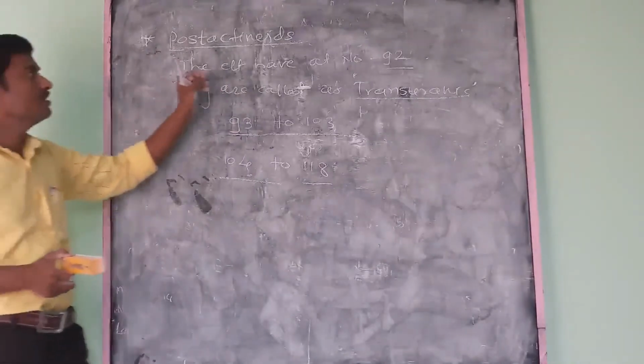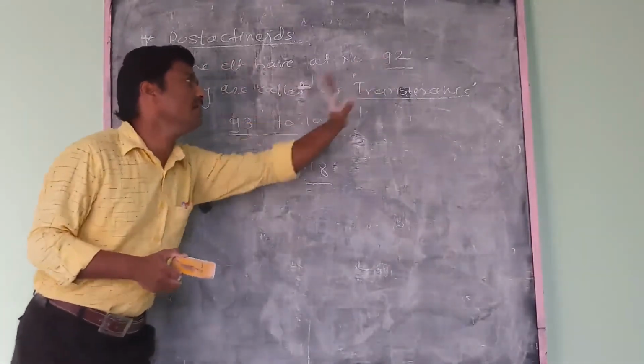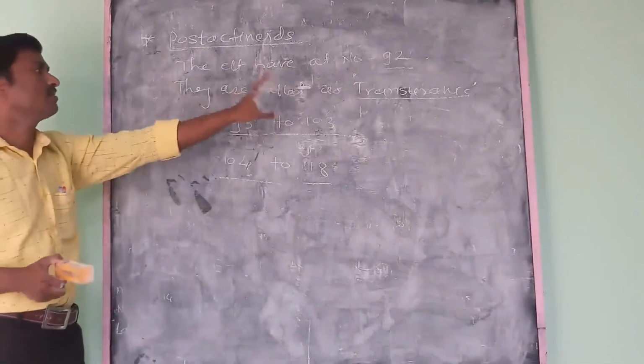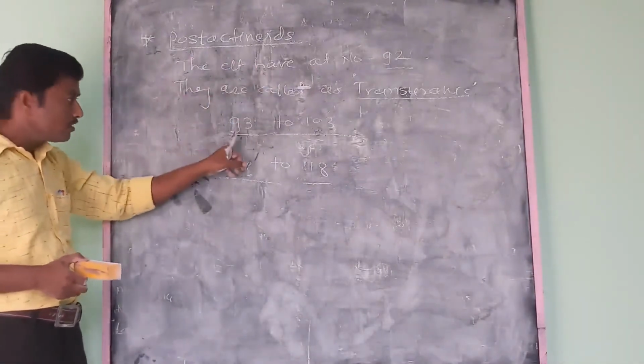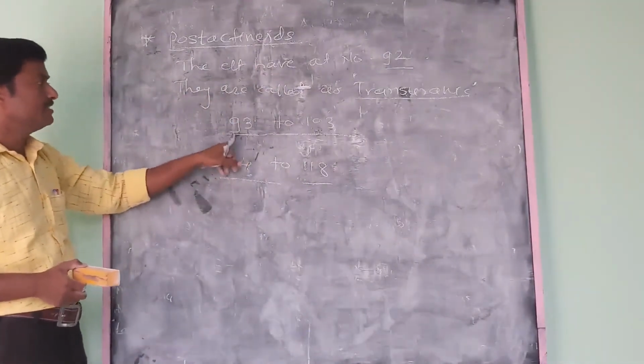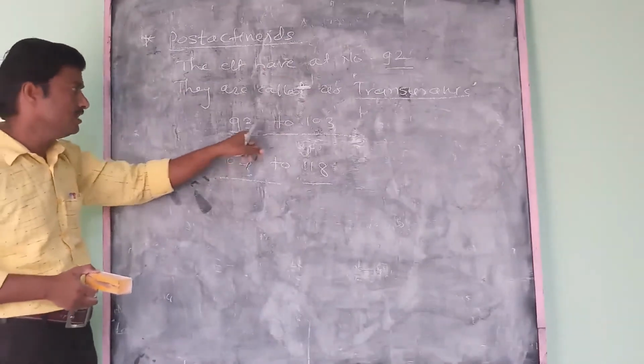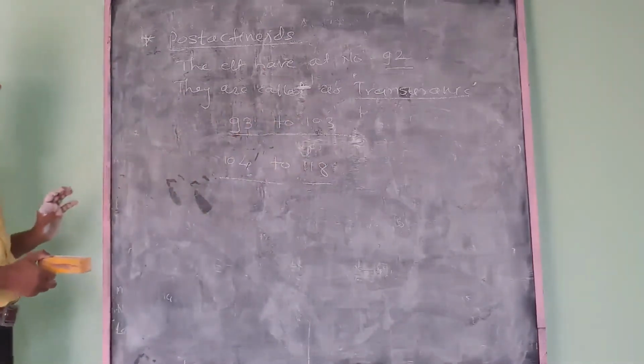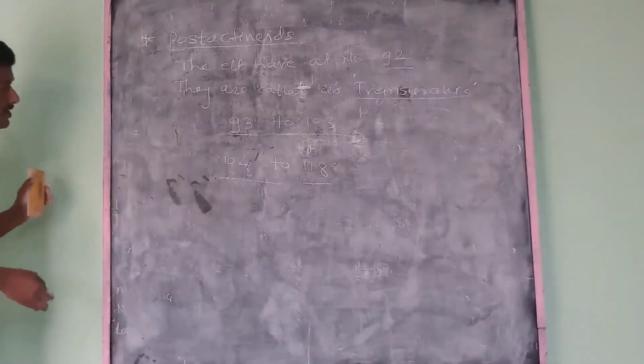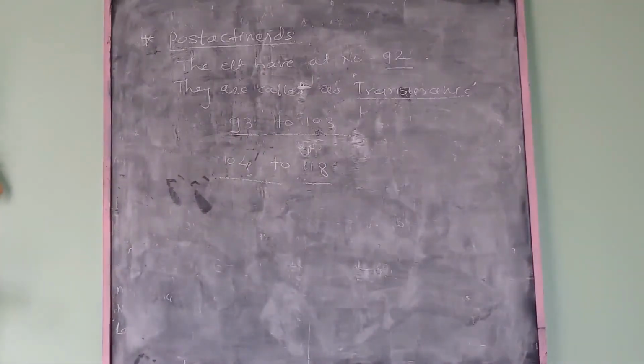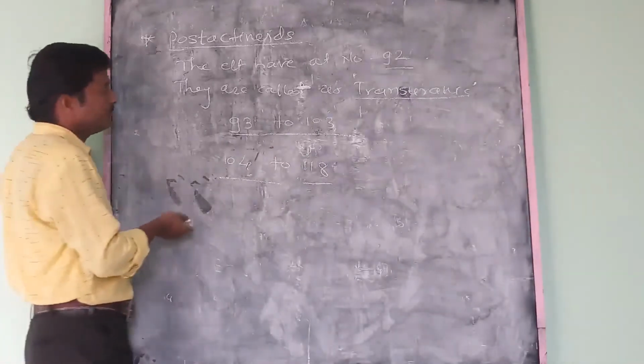Transuranic means the element has atomic number greater than 92. The elements 93 to 103 present in the actinide series are transuranic elements, and the elements from 104 to 118 are called post-actinoids.